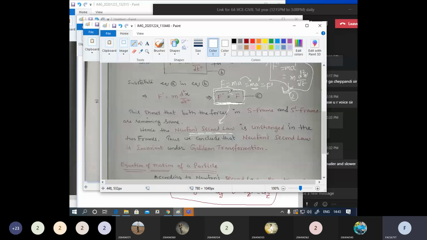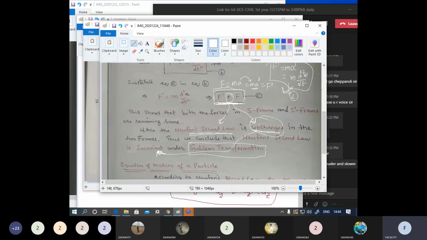As both the forces are equal, there is no change, it is unchanged. Instead of unchanged, we use the word invariant. Depending on the Galilean transformations, we got these explanations.